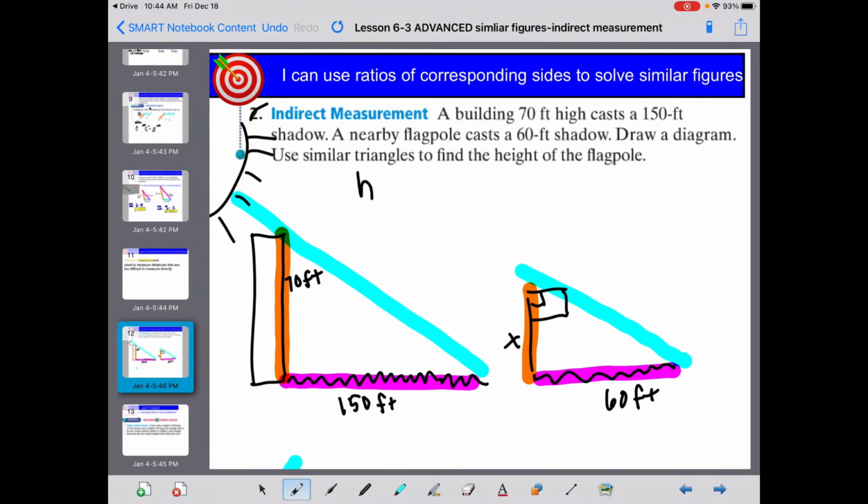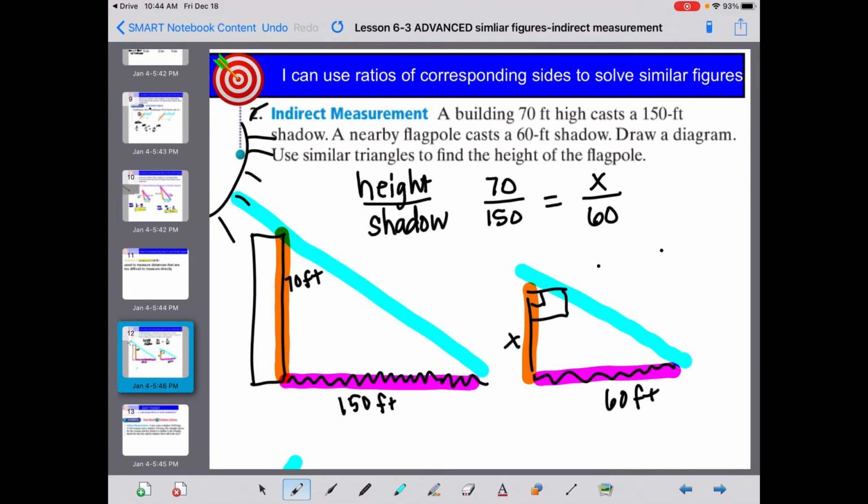Now I can set up a ratio of height over shadow. The height of the building is 70 over the shadow is 150. The height of the flagpole is X over the shadow, which is 60. In your calculator, now you're just going to solve that proportion. That's the easy part.